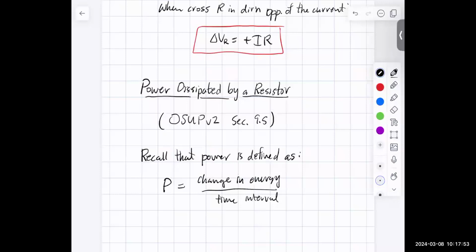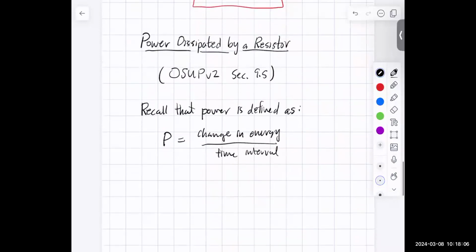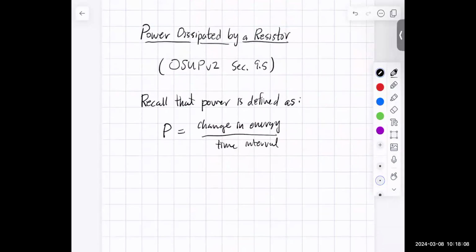So in Physics 111, when we're talking about little particles of mass moving around, changing energy, the power is usually expressed as force times velocity. So what we're going to do is see what power looks like for our electrical circuits. In particular, we'll focus on currents in circuits that have batteries and resistors, and we'll start with resistors.